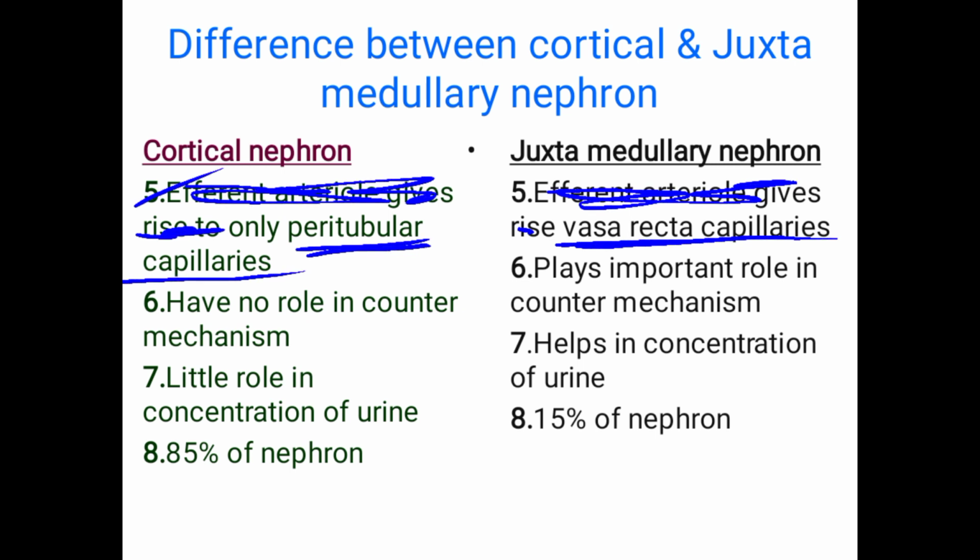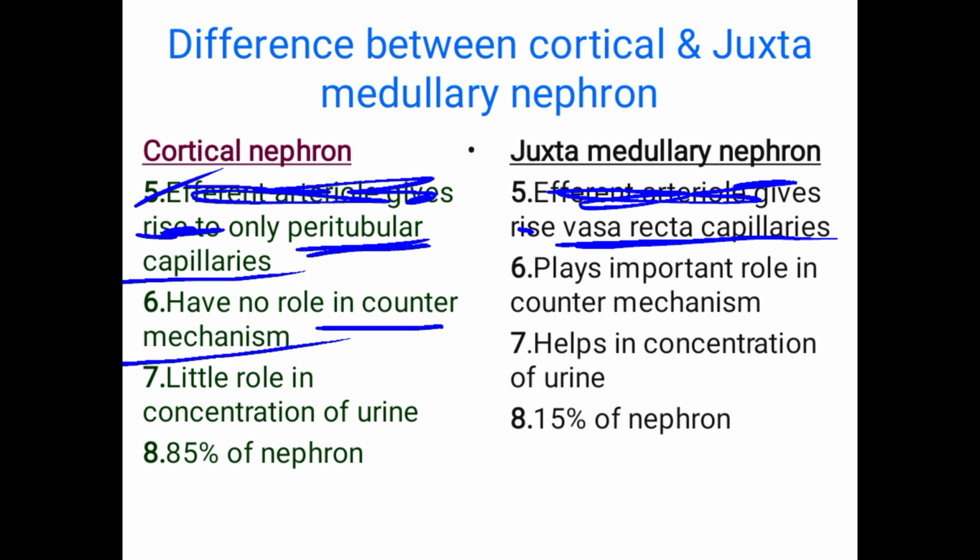So only peritubular capillaries are present in the cortical nephron, while vasa recta is present in the juxtamedullary nephron, which is very important. The cortical nephron will not be involved in the counter current mechanism, which is another topic.